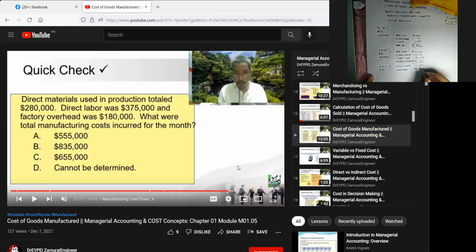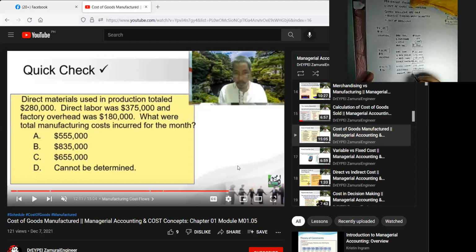And therefore, you have to add to be able to total the manufacturing cost. So add these 3. 1, 2, 3. So you have manufacturing cost.